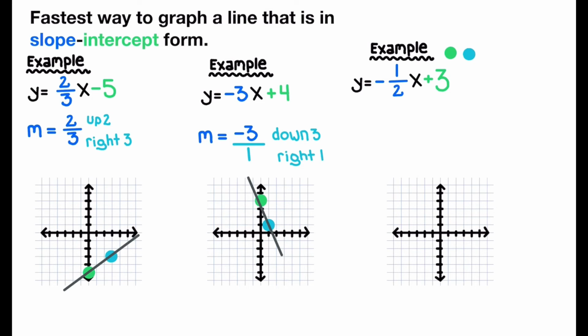In this last example, we're going to begin on the y-axis at +3. From that point, we're going to use the m, the slope, which is -1/2 to move. But in this case, our fraction is negative. Keep in mind, a negative on a fraction can go off to the side with the top or with the bottom.